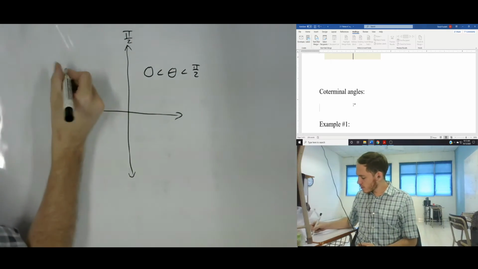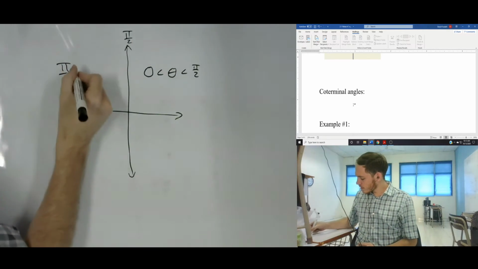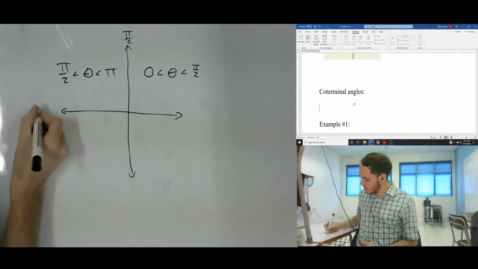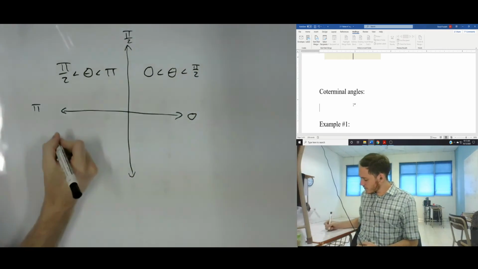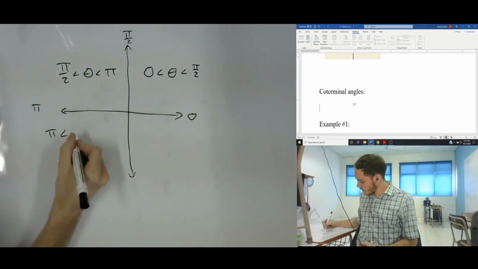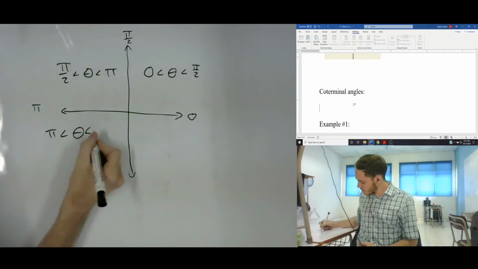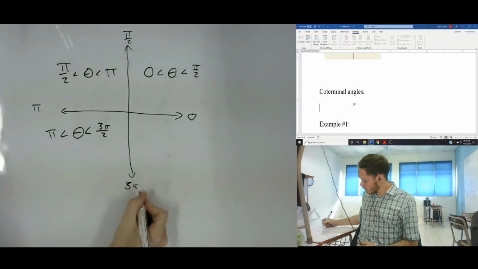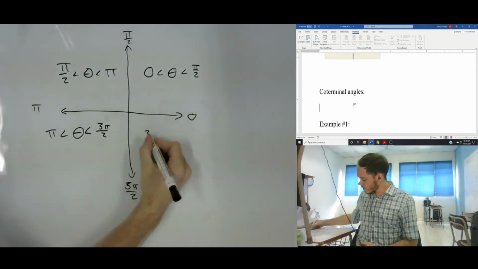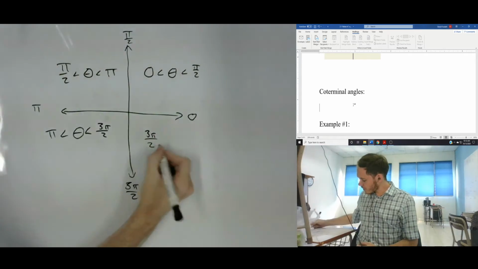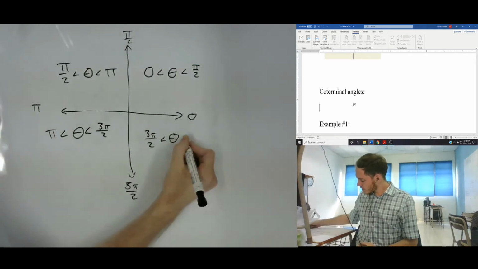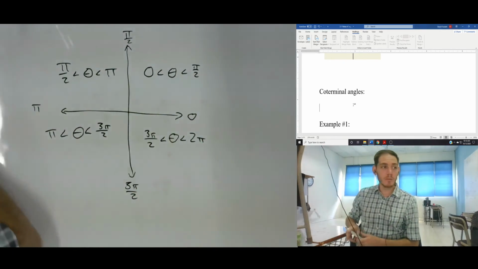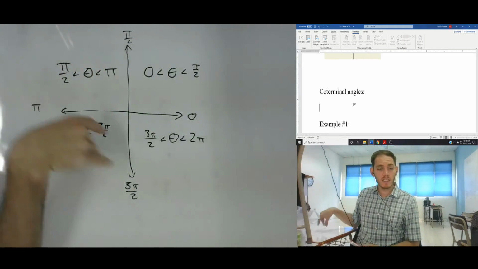Over here, we have pi over 2 less than theta less than pi. So we know that this is pi. This is 0. And then this is from pi to 3 pi over 2. This is 3 pi over 2. And then we finally know that this is angles 3 pi over 2 until 2 pi, because that's the full rotation back, so that's going to be 2 pi radians. So these are our areas for radians.